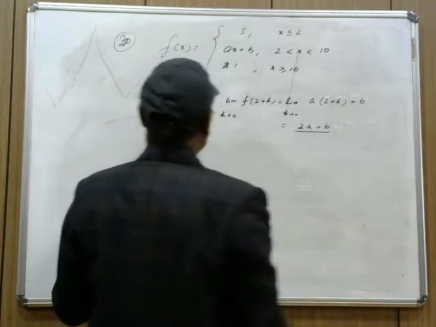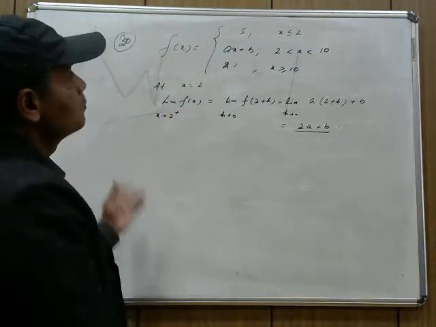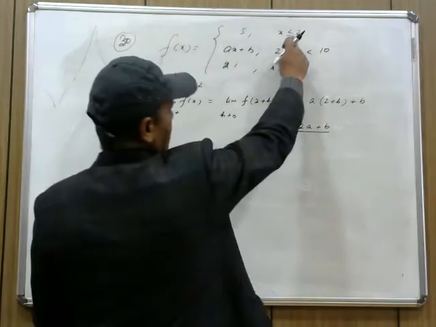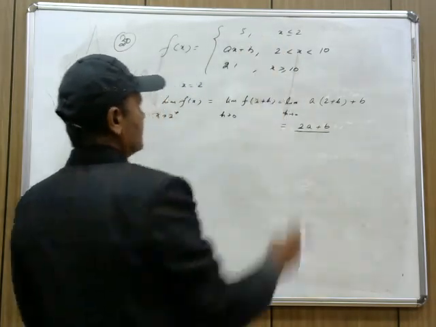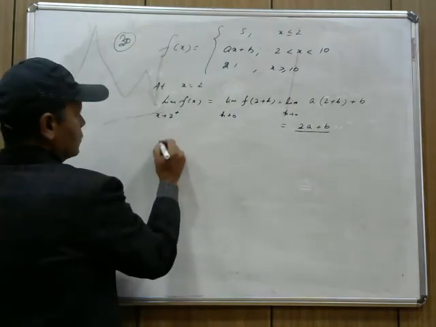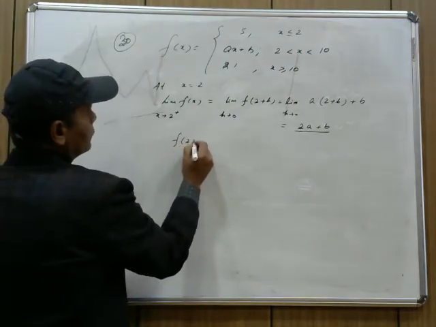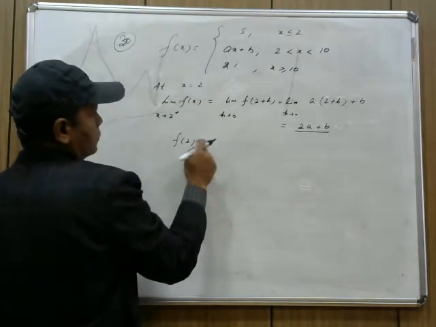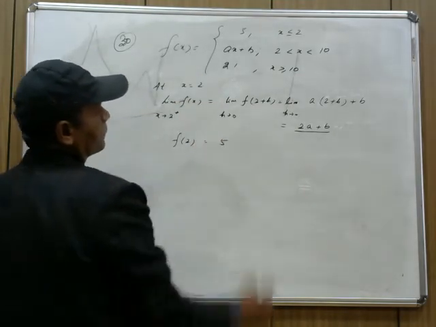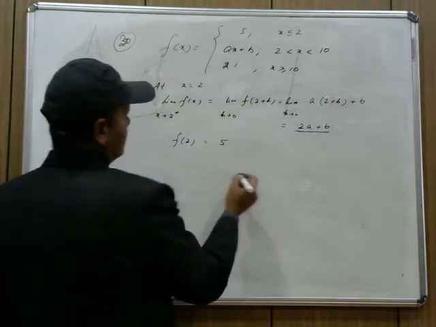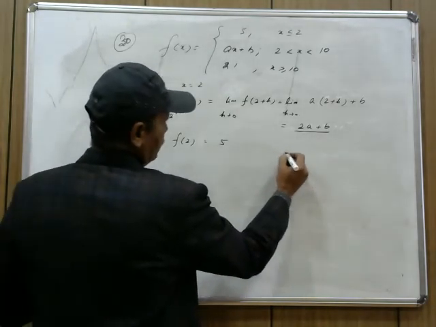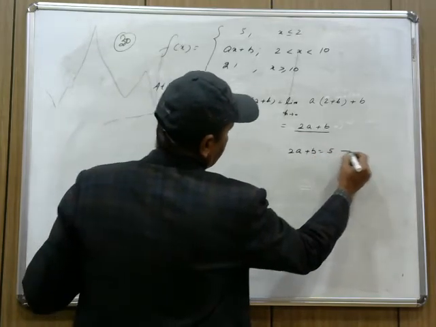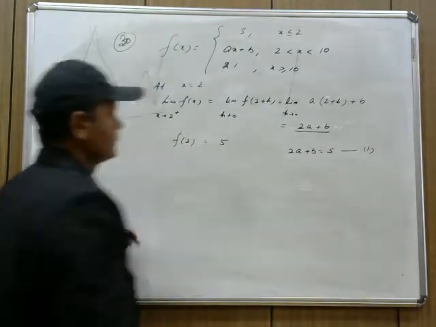Less than or equal to 2, or 2 minus, is the same thing. And f of 2 is 5. Since it is a continuous function, 2a plus b is equal to 5, and this is the first equation.